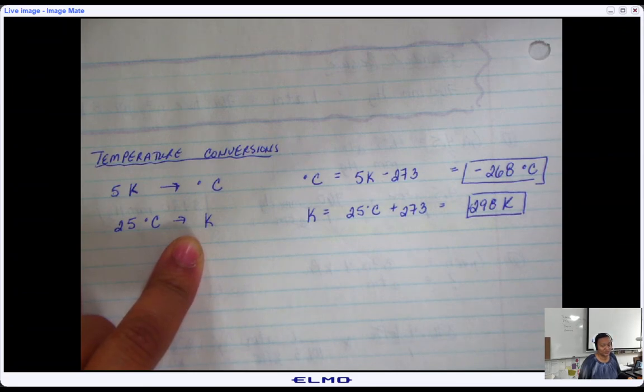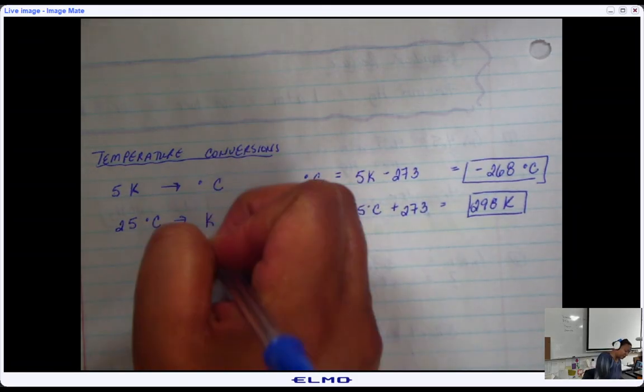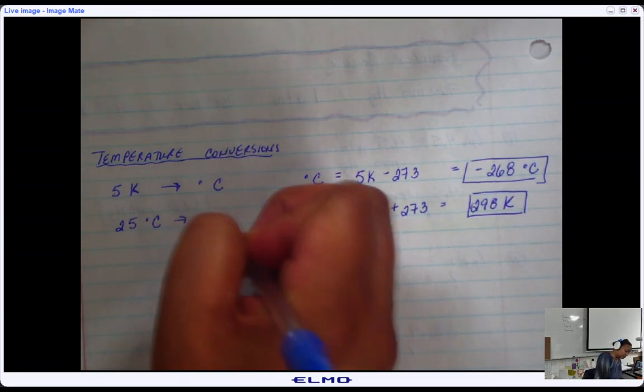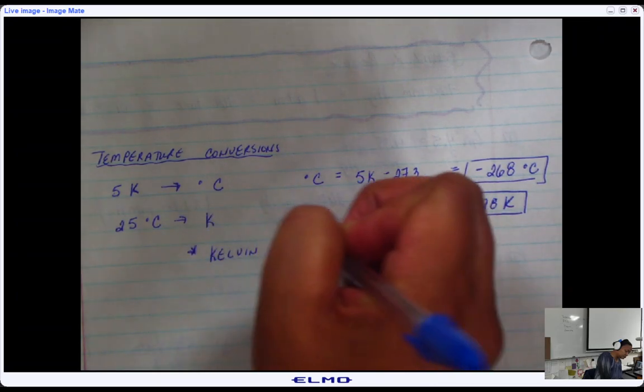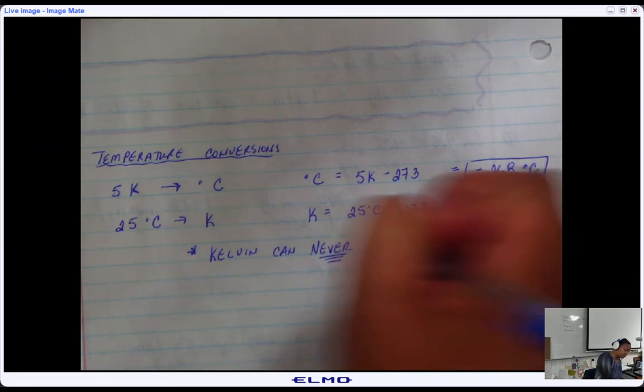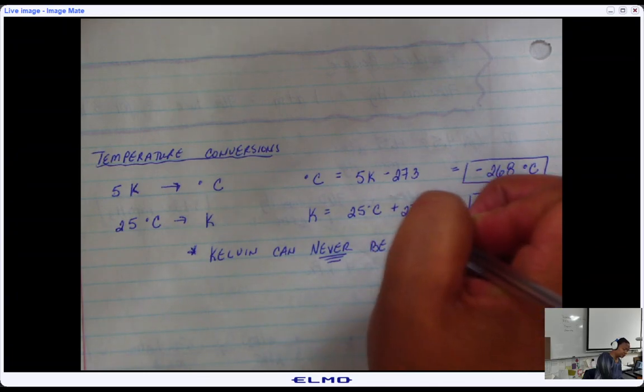Which one of those will never give me a negative number for Kelvin? Adding. So remember, Kelvin can never be negative. The lowest it will go is 0.